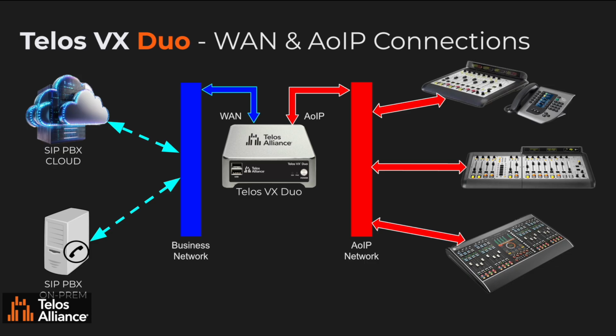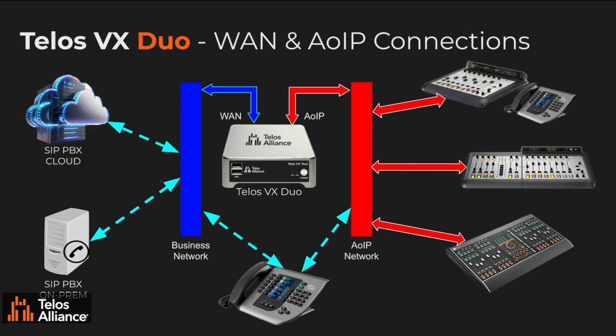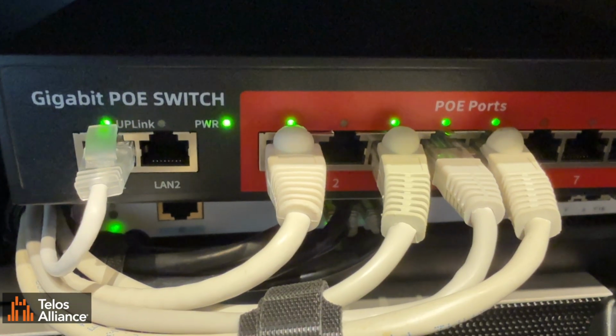Configuring VSET controllers. VSET 6 or VSET 12 may be connected to either of your IP networks. That is your business network or wherever the WAN connection is from the Telos VX Duo, or to the AoIP network. Now you'll need to supply power over Ethernet, PoE, to any VSET that you connect. This is very standard 48-volt PoE.